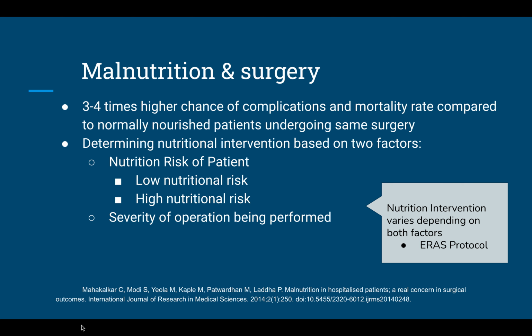Malnutrition in surgery. Malnutrition is so important in surgery, it can impact the outcomes of the patient so deeply that it was not nutritionists, or registered dietitians slash nutritionists, that drove this change, but rather surgeons.